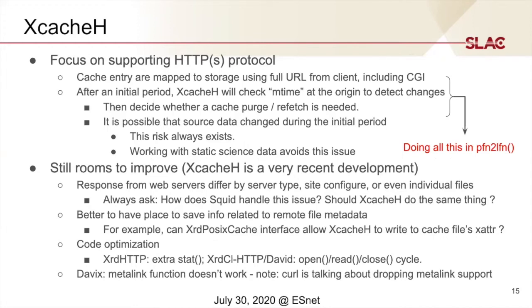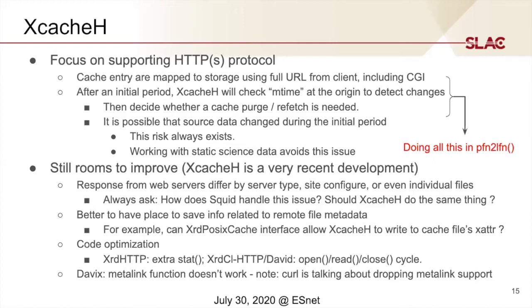So all this happens in the PFN to LFN. We actually don't use the LFN to PFN. The LFN to PFN basically passes the incoming URL to the outgoing URL without making any modifications. In this PFN to LFN, we do a lot of magic inside.